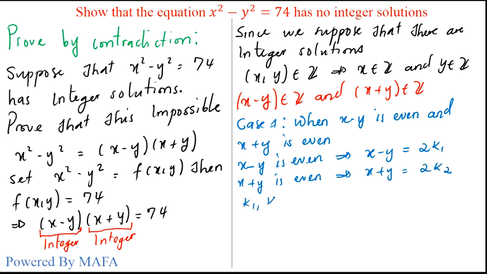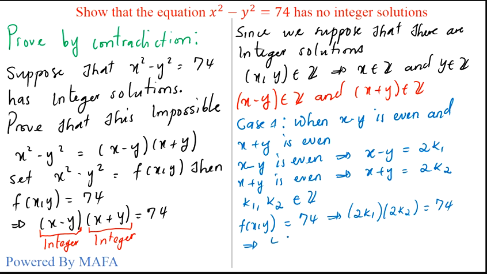Note that our k1 and k2 all belong to the set of integers, whether positive or negative. Now f of xy equal to 74 implies 2k1, which is x minus y, and 2k2, which is x plus y, is equal to 74.